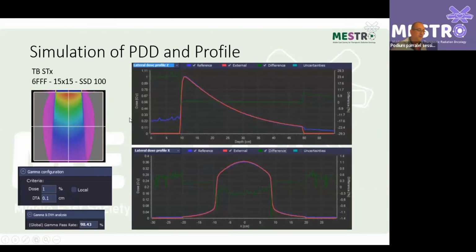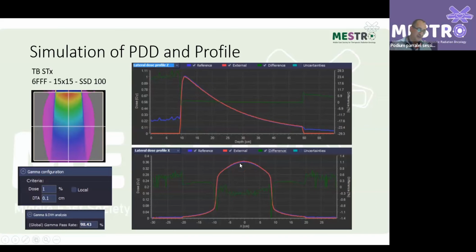Here's just an example of validation of Primo for 6FFF TrueBeam STX for a field 15 by 15, SSD 100. After the simulation is finished, I compared the PDD from Eclipse to the PDD calculated by Primo.